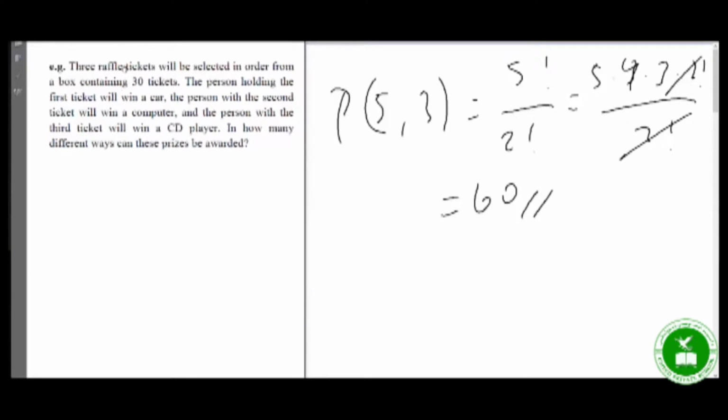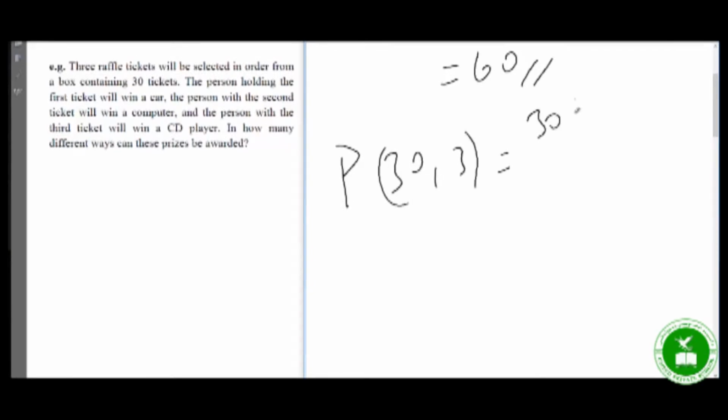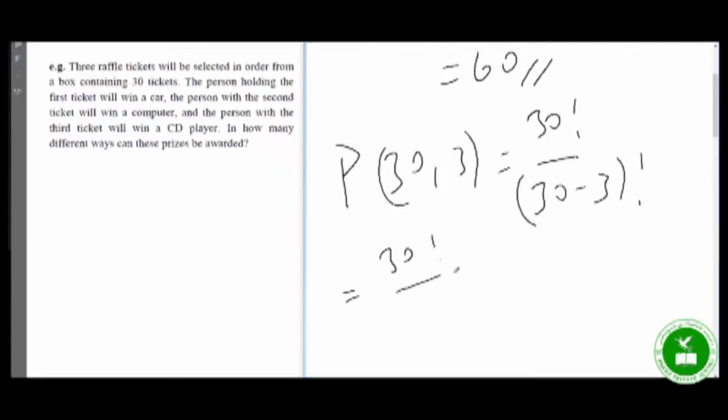Again, we have a total number of 30, and we choose 3 of them. So again, the permutation of 3 from 30 is equal to 30 factorial over 30 minus 3 factorial, which is 30 factorial over 27 factorial.